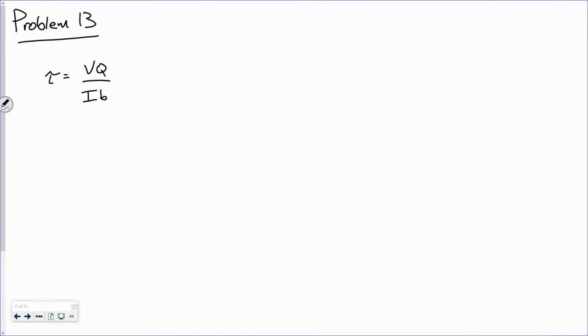Now, I did trick you a little bit on this problem because V is the shear, Q is the first moment of area, I is the moment of inertia, and B is the beam width. So what fact in that problem is superfluous? Well, look at the text in the problem. 2014-T3 aluminum.